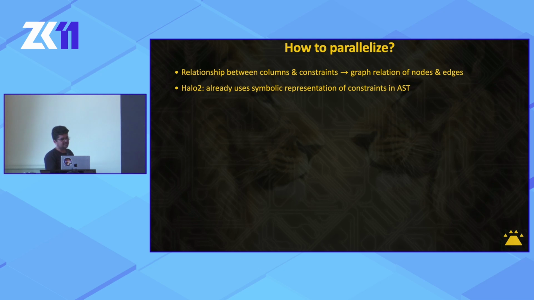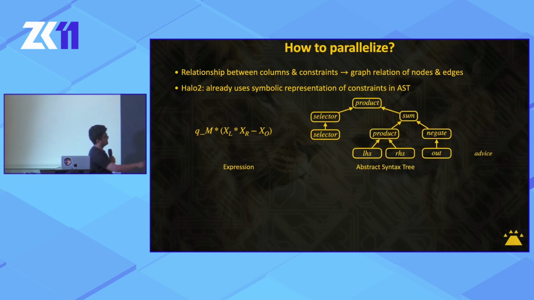And Halo 2 already uses some symbolic representation of constraints in an abstract syntax tree. So for a simple multiplication gate like this, you have some AST which tells you how the relationship between the prover computed data, which is LHS, RHS, and out, is following some sequence. You can actually lift it out directly from the dev part in Halo 2.